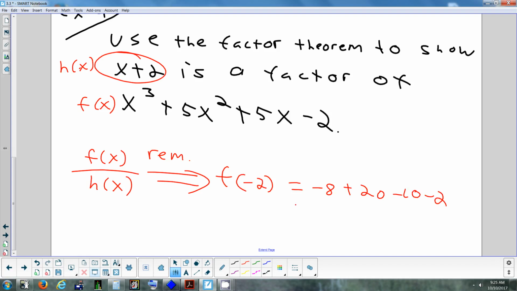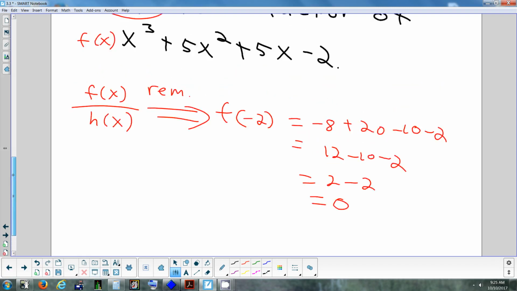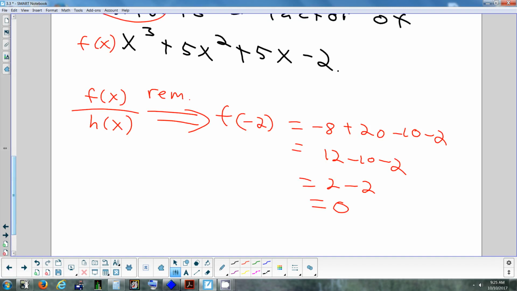And -2. -8 plus 20, that's going to give me positive 12. 12 minus 10 is going to give me 2. 2 minus 2 gives me 0. So, does that mean h of x is a factor? Yes, because it divides in without remainder.